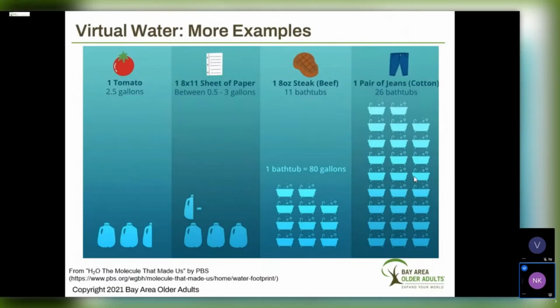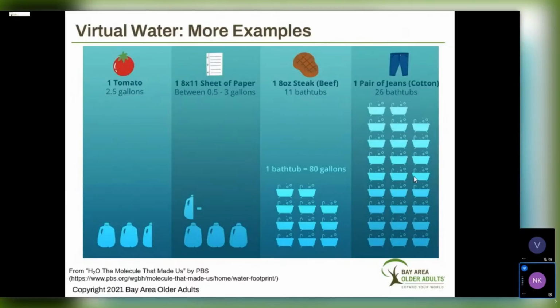Next is your diet. We're talking about your 8-ounce steak that needs 900 gallons of water, most of which is used to grow the corn and the soy to feed the cows in those factory farms. Now, it is better for the environment if you eat grass-fed beef over factory-farmed meats, and poultry over beef.